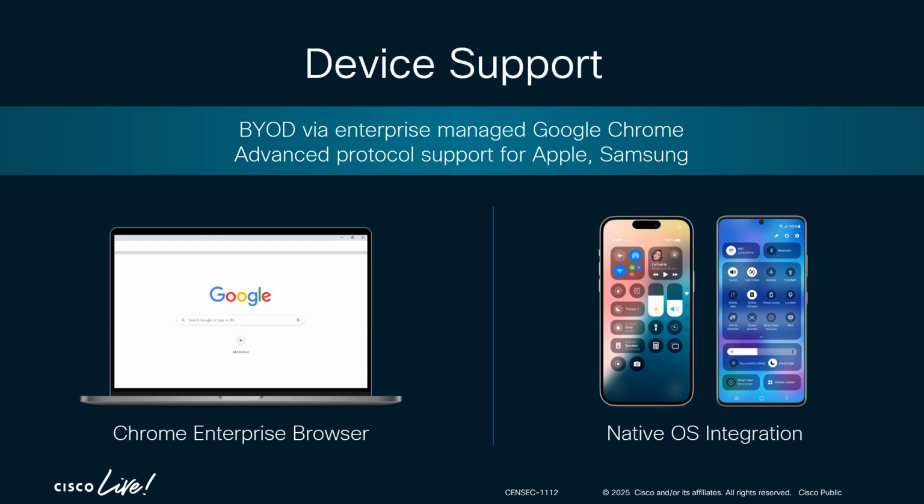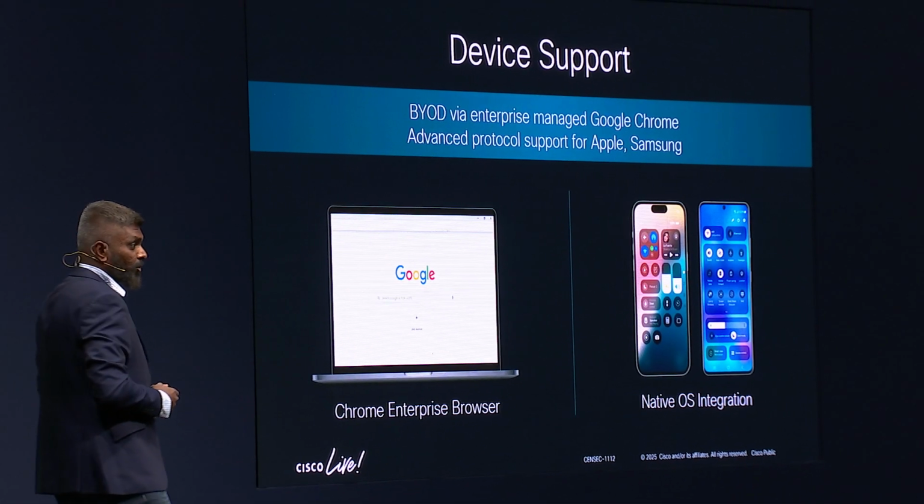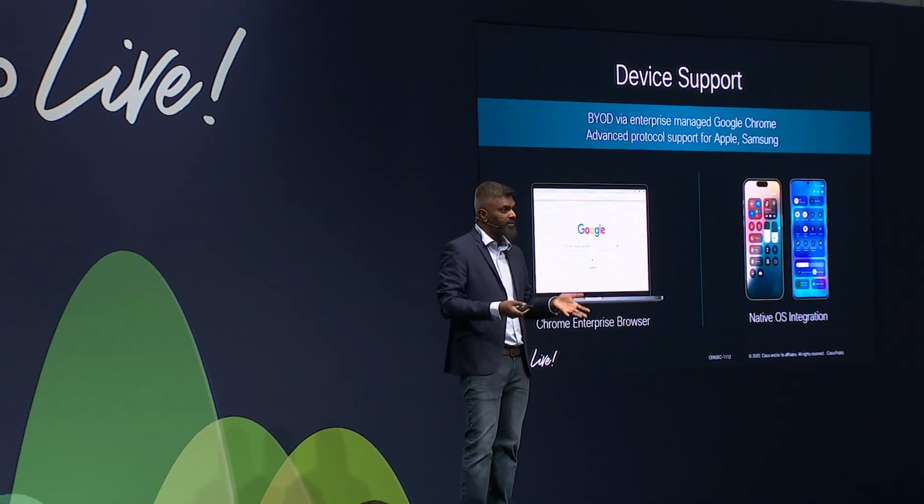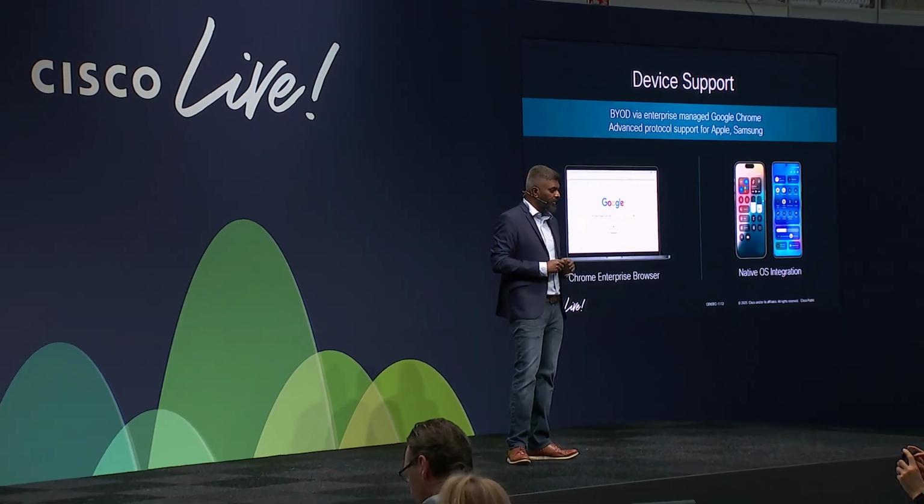Now, Cisco is one of the few SSE vendors where we've really built very tight integration with mobile devices. The Zero Trust network access client that we talked about, which leverages MASQUE and QUIC, is something that we've actually embedded into the mobile operating systems. So what this allows us to do is elevate these devices to be first-class citizens in that Zero Trust network architecture.